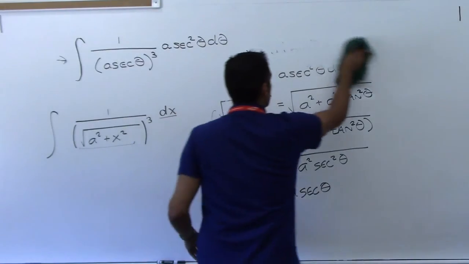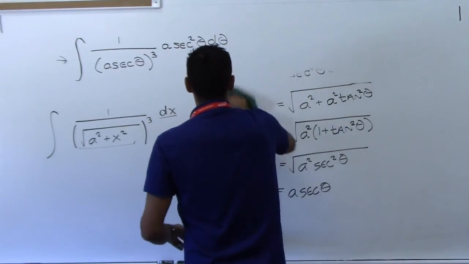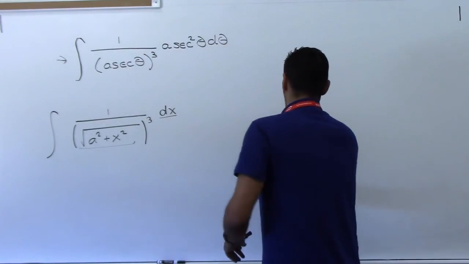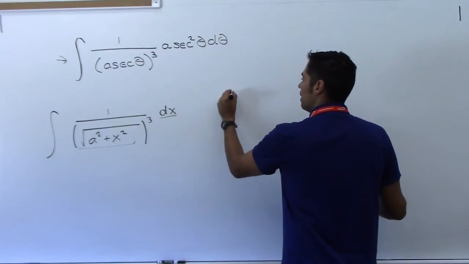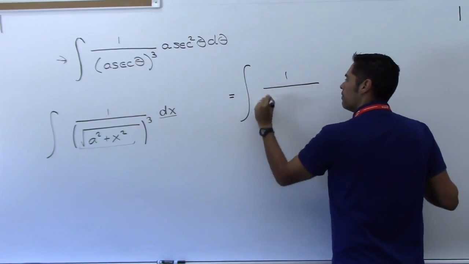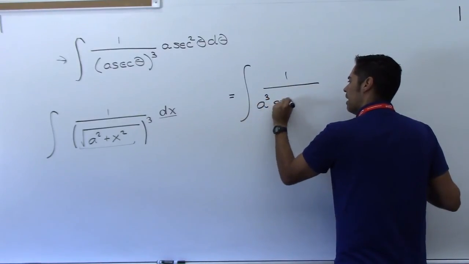So let's see. Did we take the a out of there since it's constant? Yeah, we're going to take the a out, and we have to make sure we get the right number of a's here. We have equals. I'm going to write one more line. I'm going to cube the bottom. You have to cube the a and the secant.